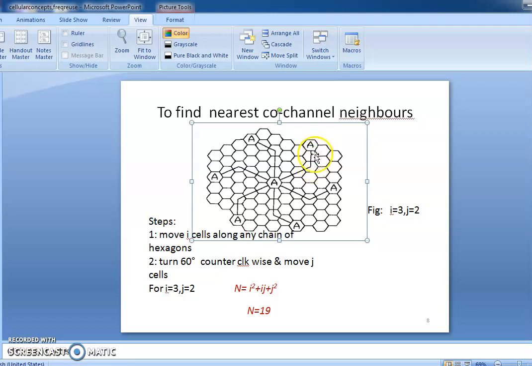Here I have taken J = 2, so I moved 2 cells. So now N = 19. After 19 cells, I can place the co-channel neighbors.